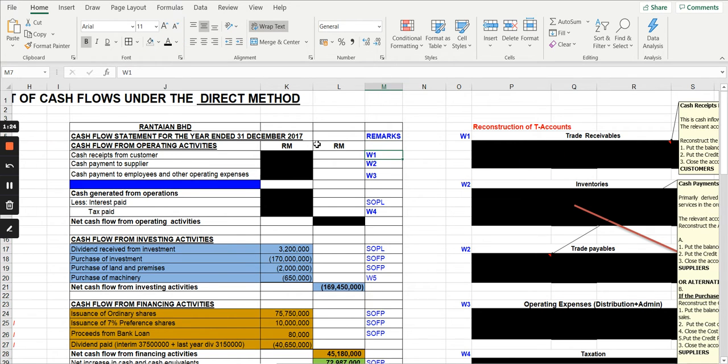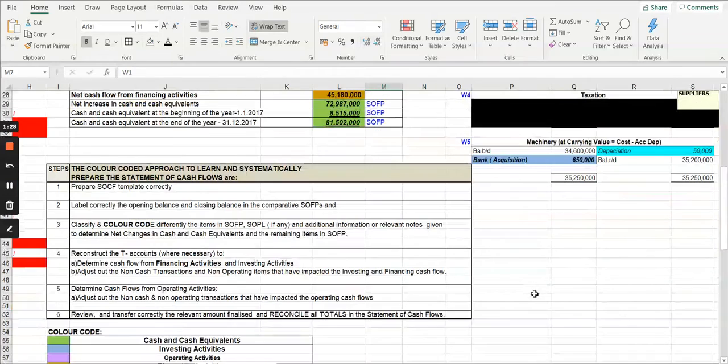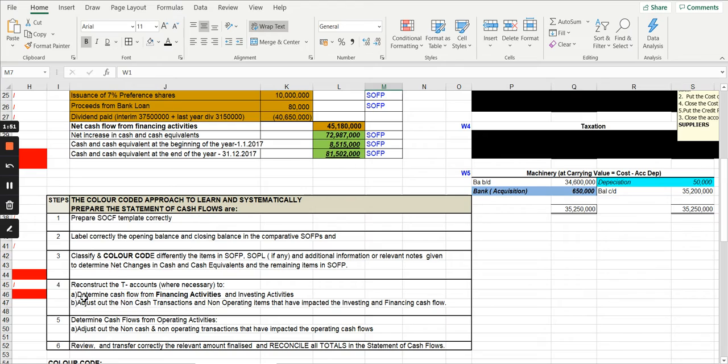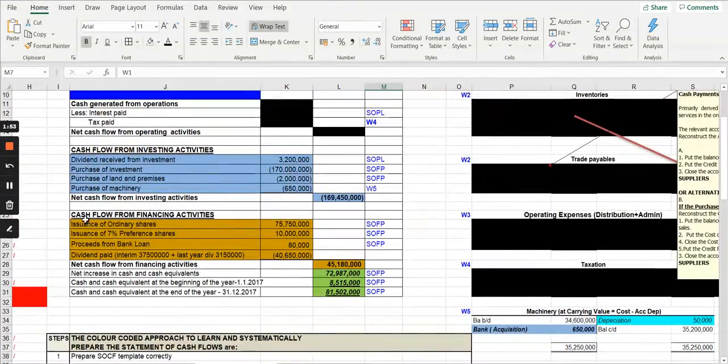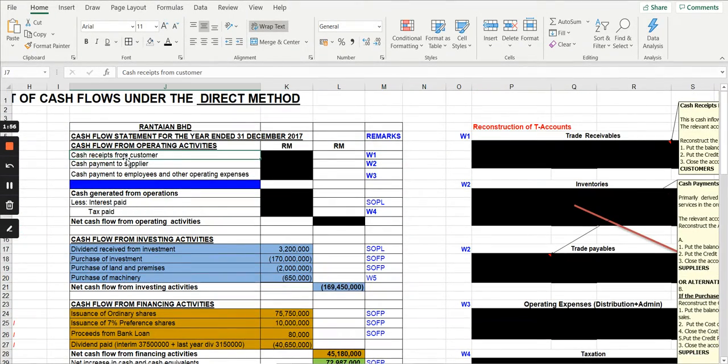I'm going to construct the T account, and I'm now moving on to step number 5, where we have done steps 1, 2, 3, 4, and now step 5 is to determine the cash flow from operating activities, where I will have to adjust out any non-cash and non-operating transactions that have impacted the operating cash flow. However, for this we are doing this for our direct method, so you would see our focus is more on looking at cash receipt from customer.